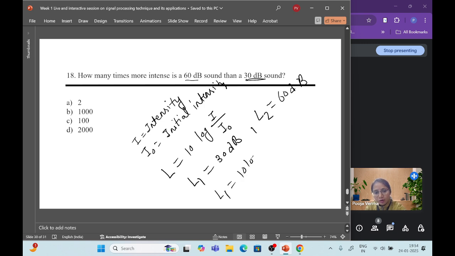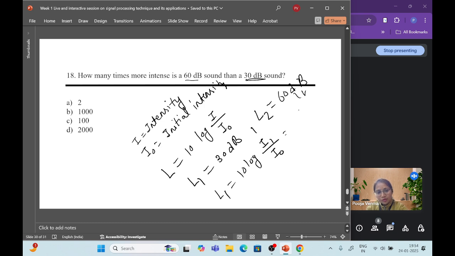So L1 = 10 log I1 divided by I naught, which is 30 dB, where I naught is the initial intensity.